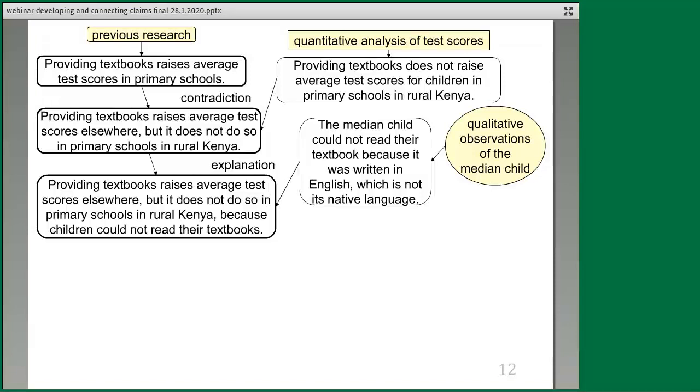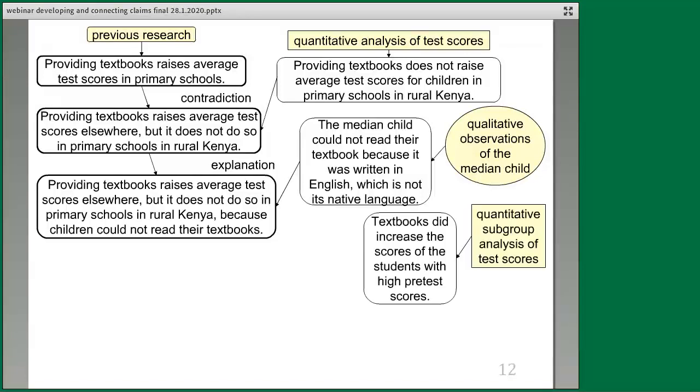So this is a nice meta-inference, but we can continue and then do another analysis of the quantitative test scores, which then showed textbooks did increase the scores of the students with high pretest scores.